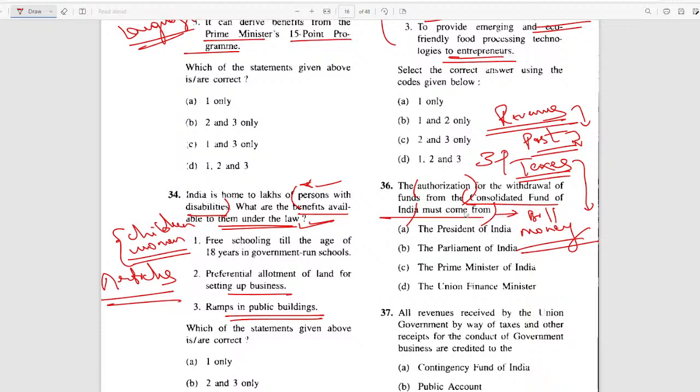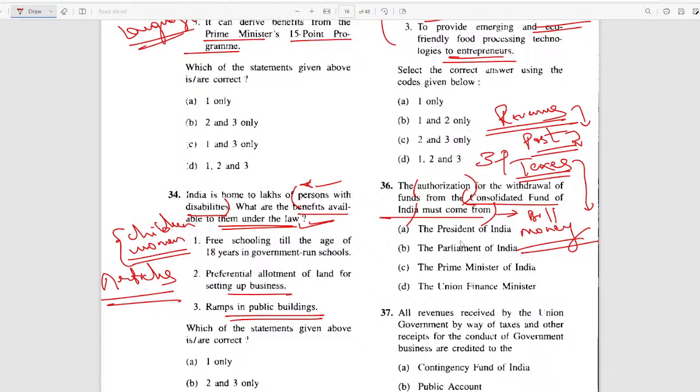So public account of India is there, consolidated fund of India is there, how it is authorized, who authorizes it, and what kinds of funds. For example, they may give you an example that the taxes that government has collected go into a particular fund. What is that fund? Or bonds. For example, government is collecting government bonds, treasury bonds.